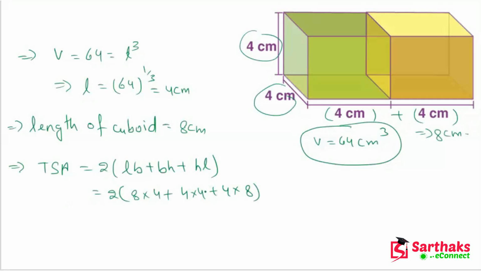After solving this we get 2 into 80, which gives 160 cm². I hope you get this point. This is the method to solve the question: if we combine two solids, we can easily solve the questions.